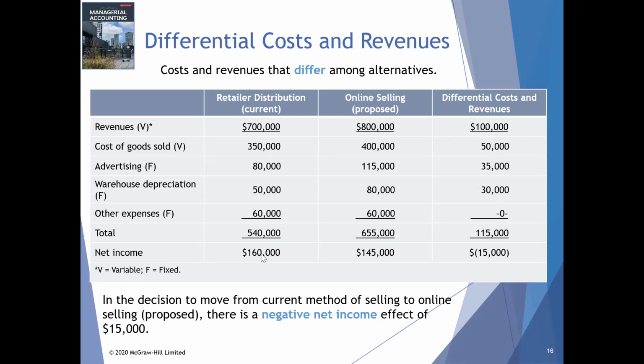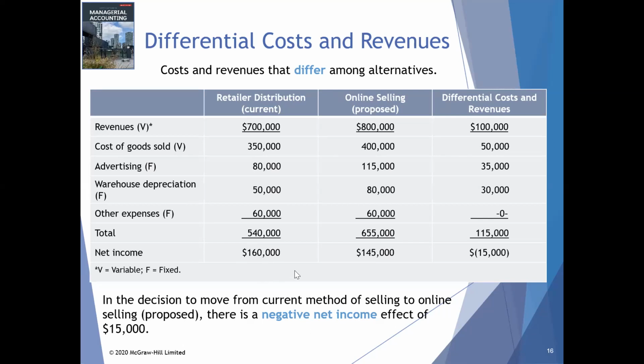So let's say 160,000 is the net profit, but if it is the proposed, 800,000 minus 650,000, if the business just changes from retailer distribution to online selling, which is not right now being done, the expected proposed profit is $145,000.